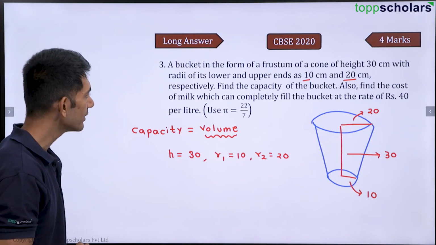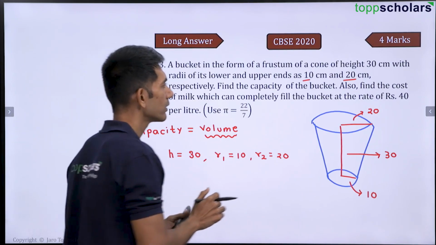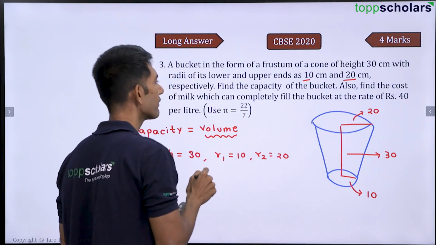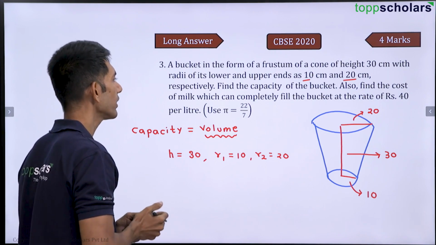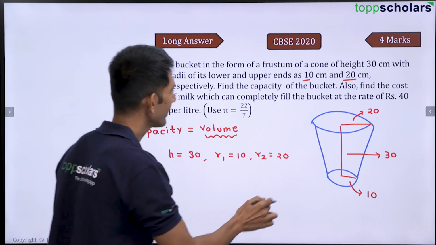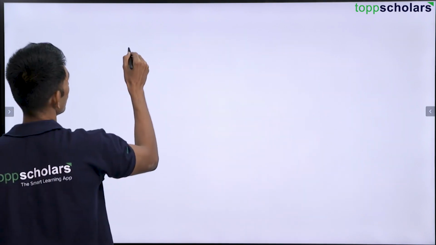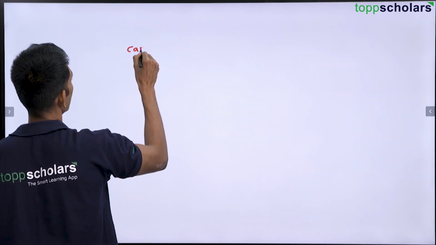Now let's tackle this question to find the cost of milk which can completely fill the bucket at the rate of 40 rupees per liter. So what is the capacity of the bucket as of now?